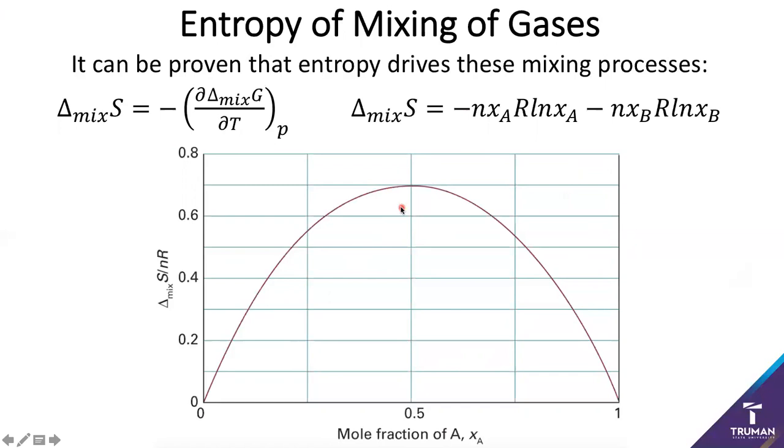So it turns out that mixing is entirely an entropy-driven process, at least for an ideal gas. Now, in truth, things can get a little bit messier as you move to non-ideal systems, because then you have to worry about the influence of enthalpy, and that will show up in non-temperature dependent terms. However, for gases, this is actually a fairly good approximation.